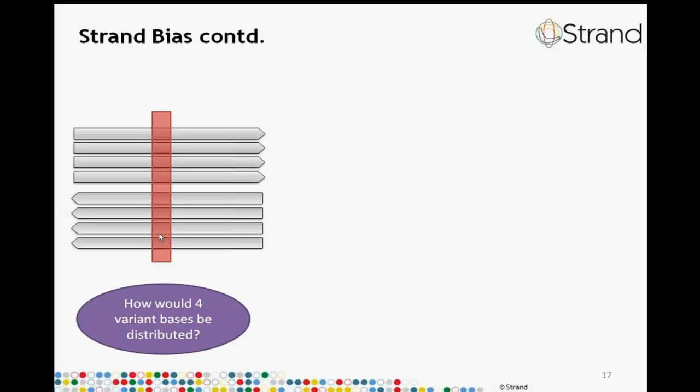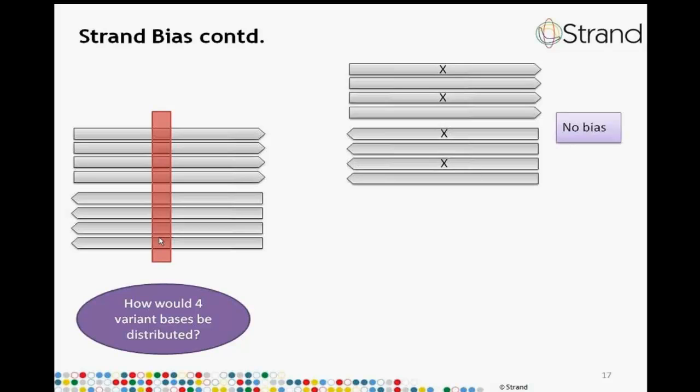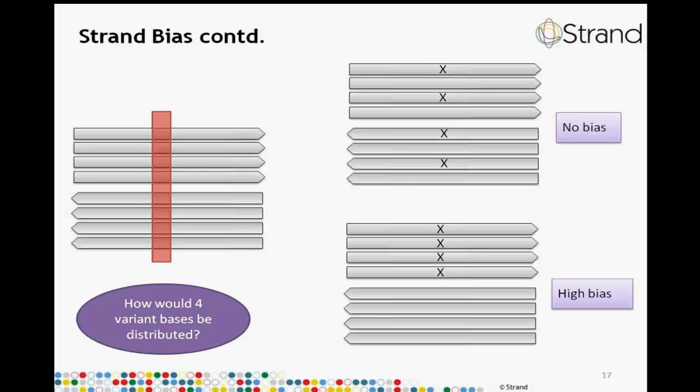And similarly, we have 4 reads in the negative orientation. We would expect half of them to have the variant bases. So we would expect the mismatch bases to be present approximately in this manner, and that would indicate there is no strand bias at all. However, if all of the mismatch bases happen to be present only in reads aligning in one direction, then one would consider there to be high strand bias at this location.